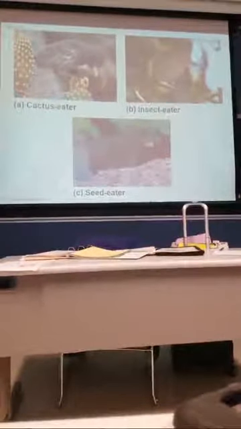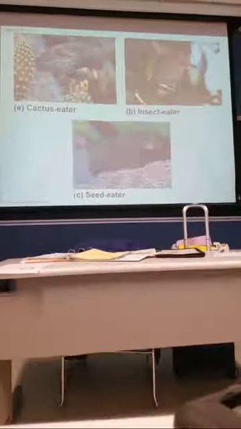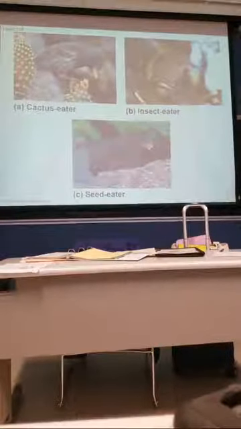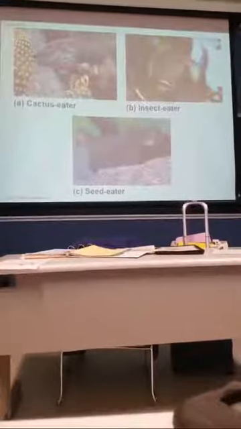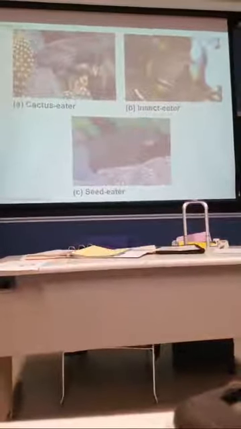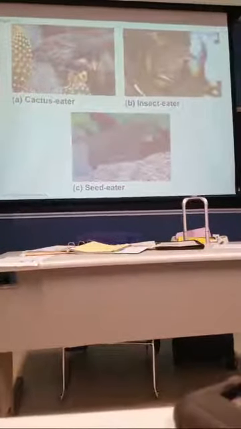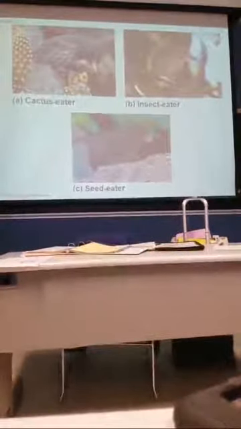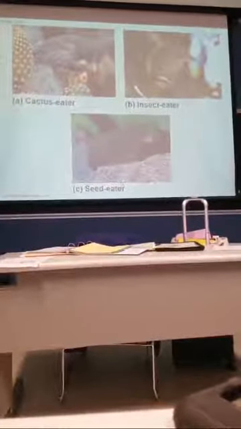And like this one had a beak for eating cacti, and this one had a longer beak, which is more for insects. And then this one had the short, broad, thick beak, like a cardinal or a blue jay. And those are definitely for seed eating. So he figured out that they had a common ancestor, and then they radiated outward into different roles or niches.